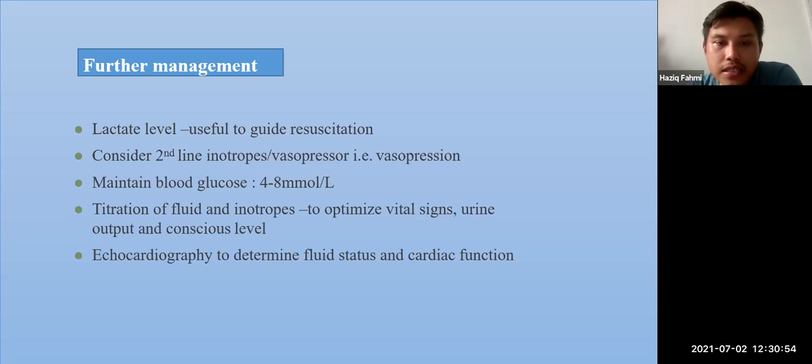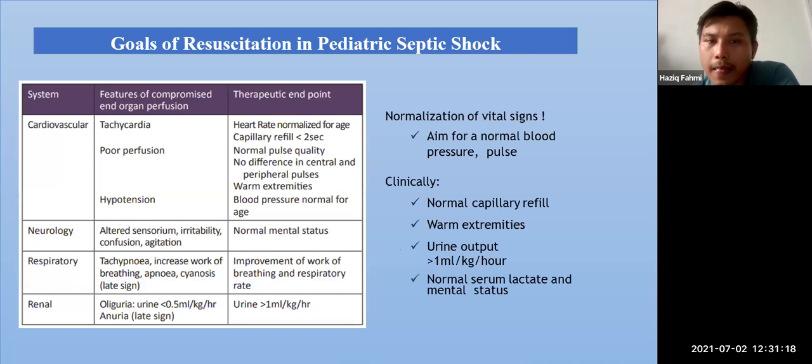And then consider second line inotrope or vasopressor, for example, vasopressin to improve BP, maintain the blood glucose of about 4 to 8 millimole per liter, and then titrations of the fluid and inotropes to optimize the vital sign, urine output, and conscious level. So echocardiography may help to determine the fluid status and the cardiac functions of the patient.